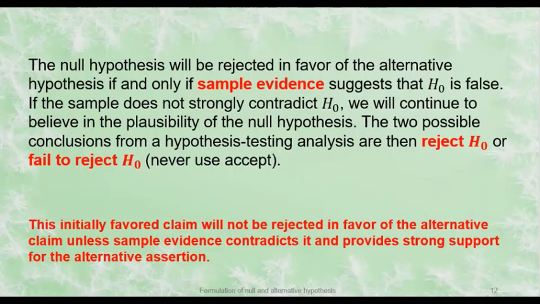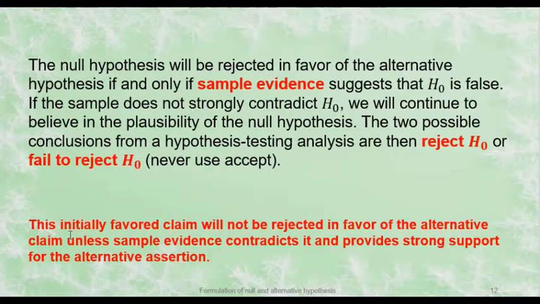So the initially favored claim, H0, will not be rejected in favor of the alternative claim unless sample evidence contradicts it and provides a strong support for the alternative assertion. So to reject H0, we need strong evidence. So we always support H0 unless sample evidence contradicts it strongly.